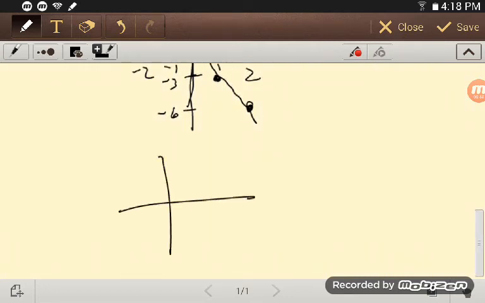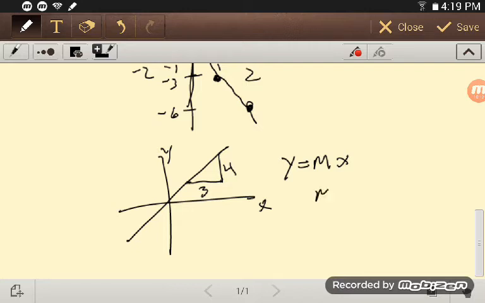And so you see now I have a way to sort of translate between algebra and the graphical, in that if I see something like this, right away I know that if that's x, that's y, then y equals some m times x. And then if I could look at the graph and actually count, and suppose that was a 3 and that was a 4, then what I know is m equals 4/3.